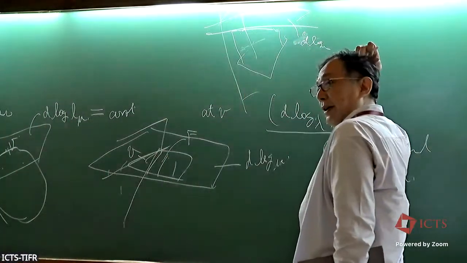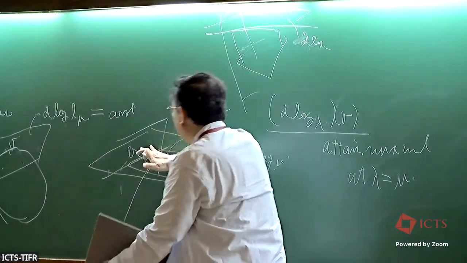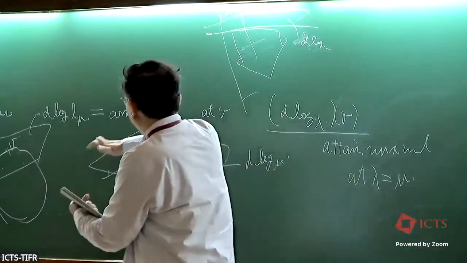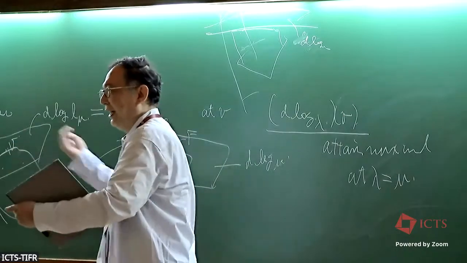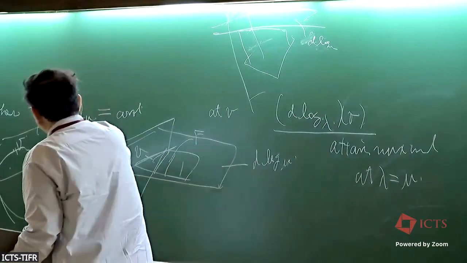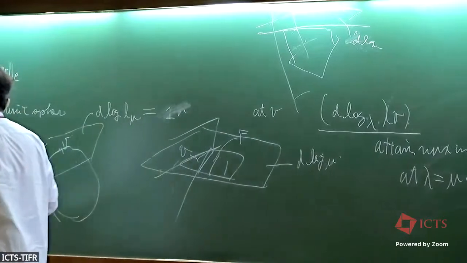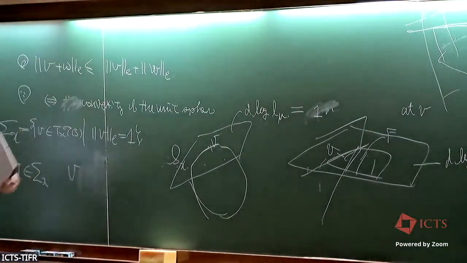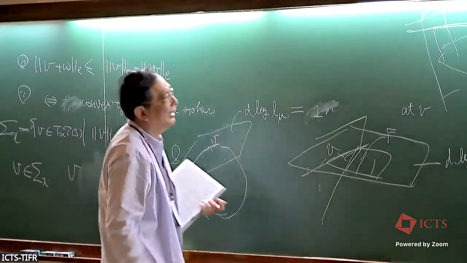Because if you change the hypersurface, except for those touching at V, tangent at V, the value at V is smaller than or equal to this; in a unit sphere, this should be 1. So by multiplying by a scalar if necessary, we can consider the case when this is really the unit sphere.